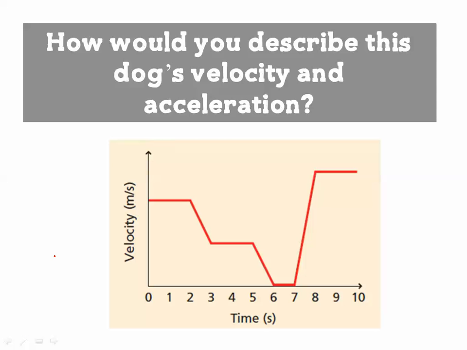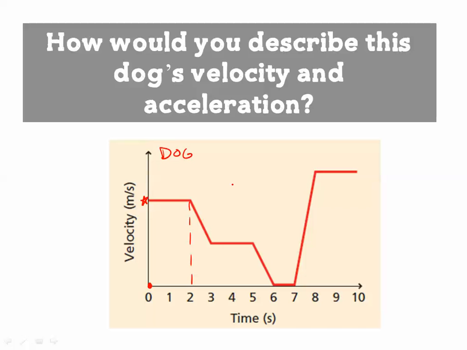Now let's look at this example. Let's try to describe what's going on in this graph. Let's say it's a dog. First of all, the dog at 0 seconds has some velocity. So the dog is moving, it's changing position for 2 seconds.